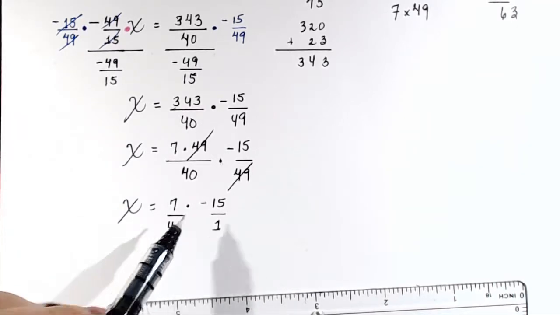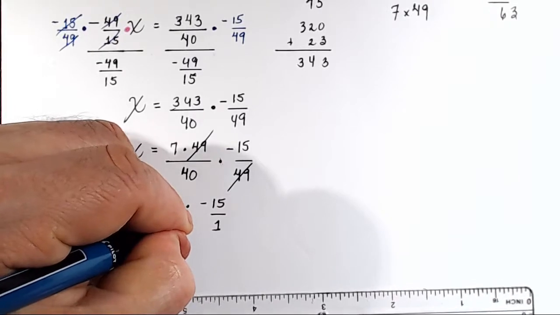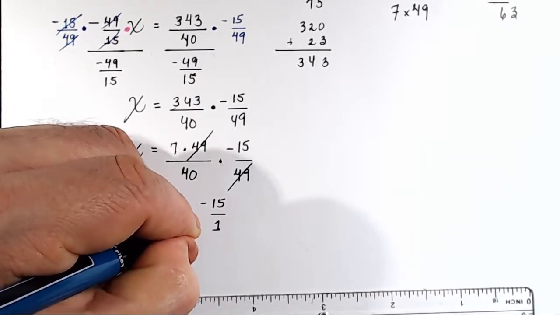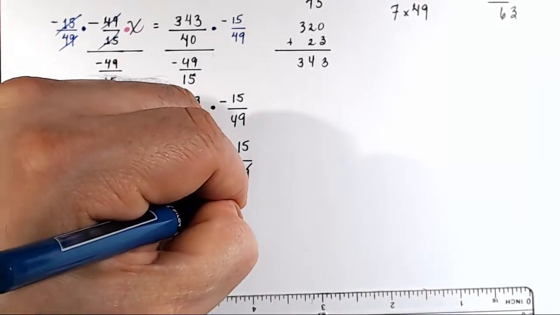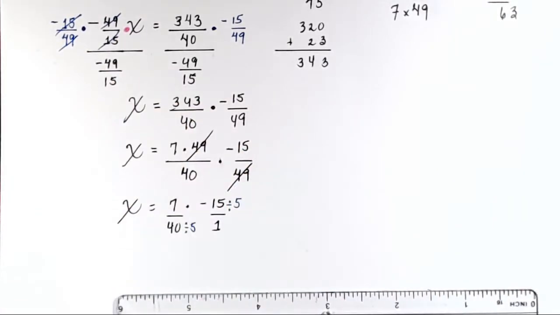Look at 40 and negative 15. Okay, 15 and 40 have common factors, and the largest of those common factors is 5. All right, so what if we divide the 40 by 5, and we divide the negative 15 by 5? What would we get? Well, let's find out.